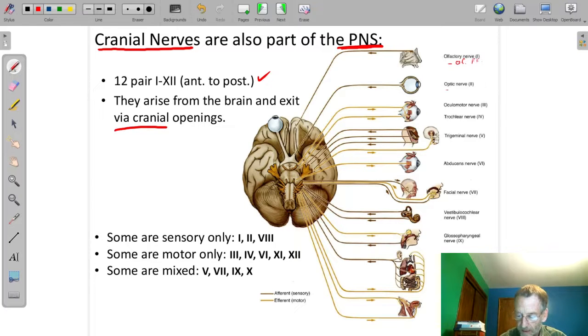The optic nerve was out through the optic canal. And then we had 3, 4, first branch of 5, and 6, all leaving through the SOF. And the facial nerve, we talked about a branch of it up at this point, leaving through the stylomastoid foramen.